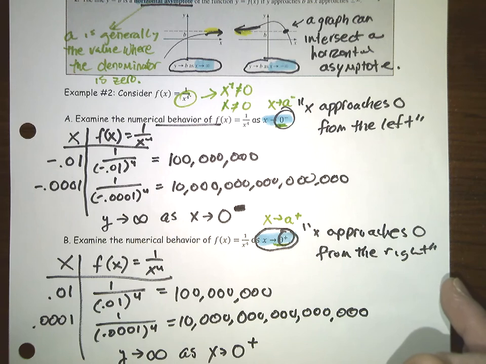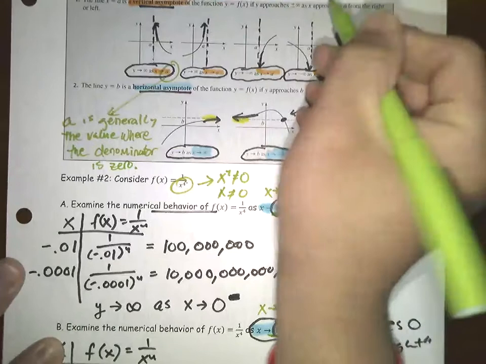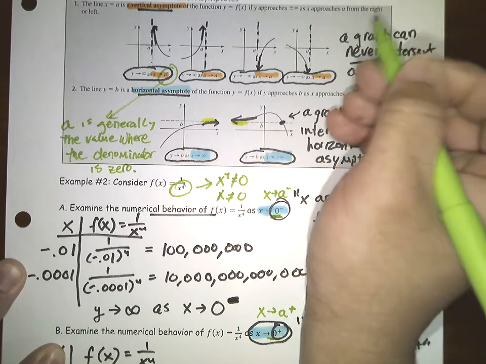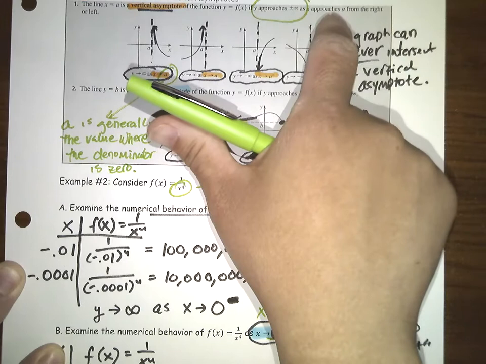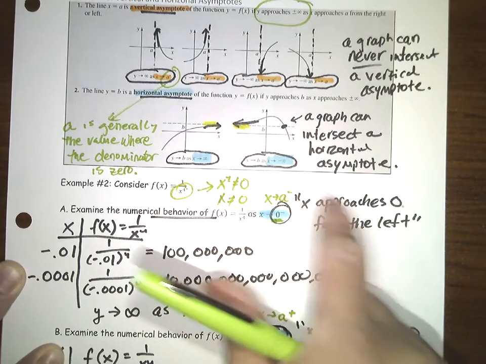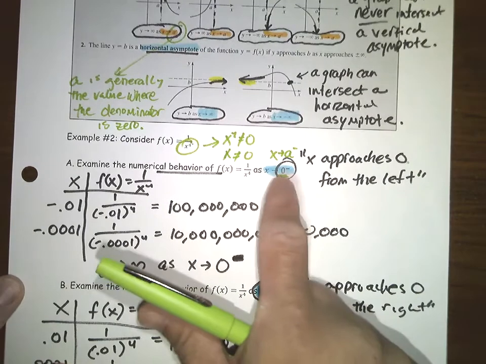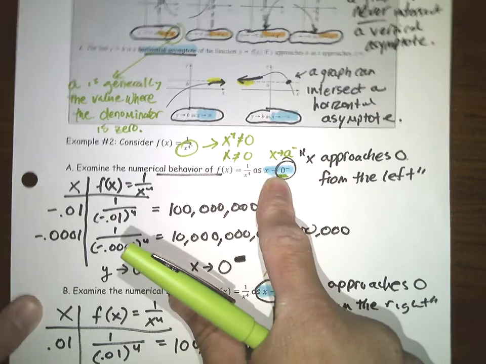So keep that in mind also. Hopefully that all makes sense: if we get y approaches infinity or negative infinity as x approaches a from the right or left, that means that this value of x equals 0 is a vertical asymptote.